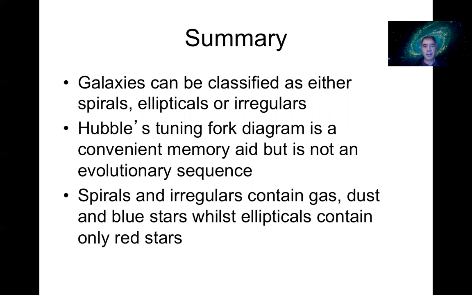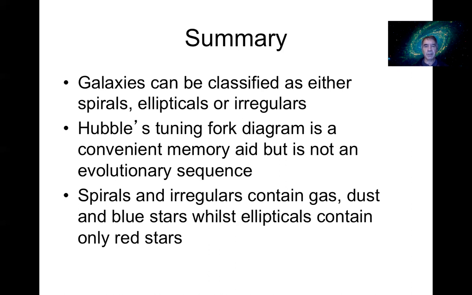Something that will inform the next part of our module is that it is the spiral galaxies and the irregular galaxies that contain the gas and dust and the young blue stars that are recently formed, whilst the ellipticals only contain old red stars, the red and dead galaxies.